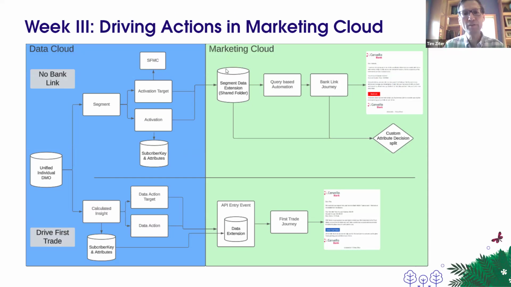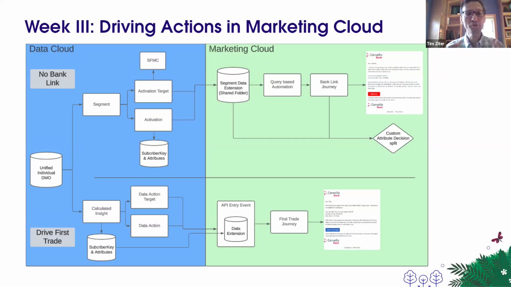Once it's published, it's going to be populated into a data extension in Marketing Cloud. We're going to create a query and an automation to extract that data, send them through a journey, and then personalize the email. In addition to that, we're going to create a custom attribute that's going to leverage that Data Cloud data to help determine the path as they move through the journey.